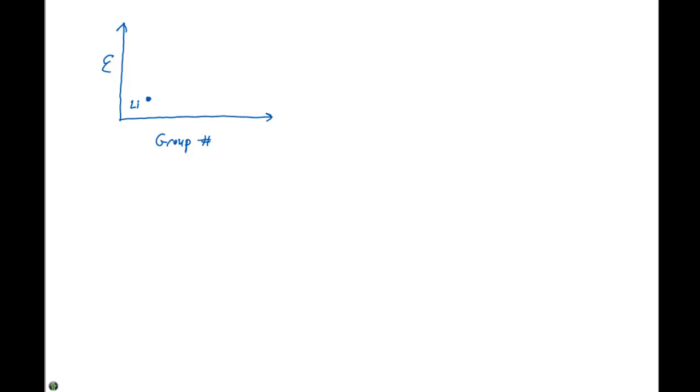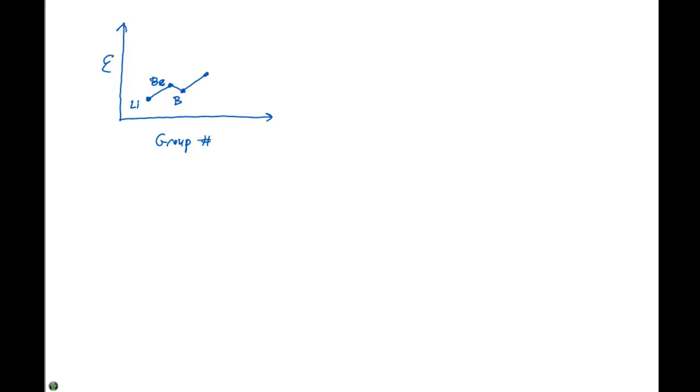So lithium has a fairly low ionization energy. When we go from lithium to beryllium, as the trend suggests, the ionization energy is going to increase. But what we see is when we go to boron, we see a slight drop in ionization energy.